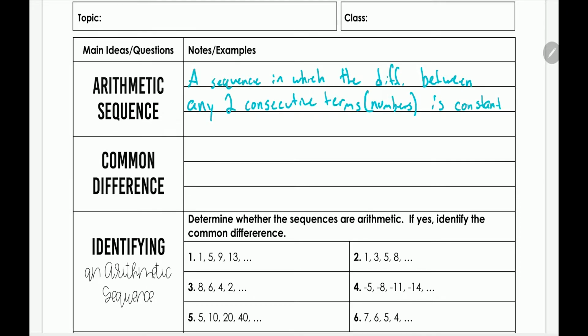And this definition may not make sense yet, but once you start seeing the problems, it'll probably make a little bit more sense.